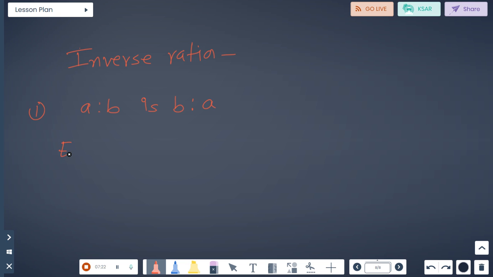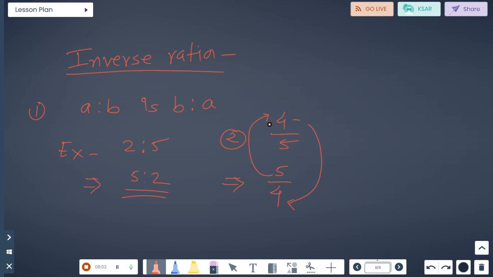For example, if the ratio is 2 is to 5, the inverse ratio is 5 is to 2. Means we have to interchange the numerator and denominator. For example, 4 is to 5: the inverse of 4 is to 5 is 5 is to 4. We have to change numerator and denominator to get the inverse ratio.